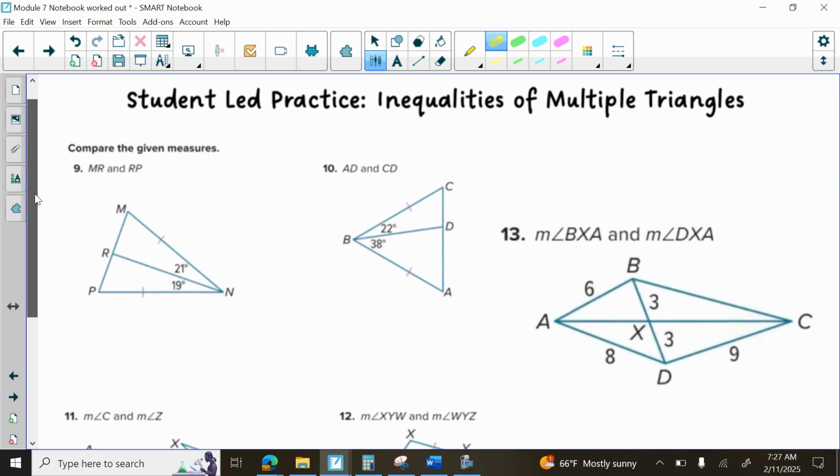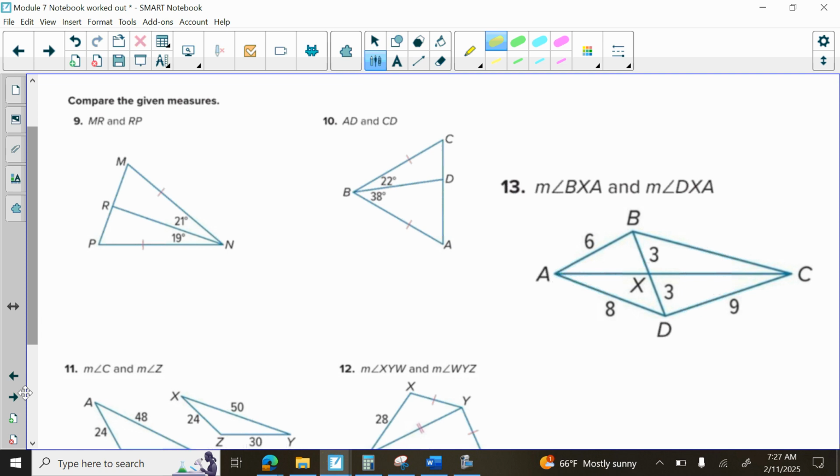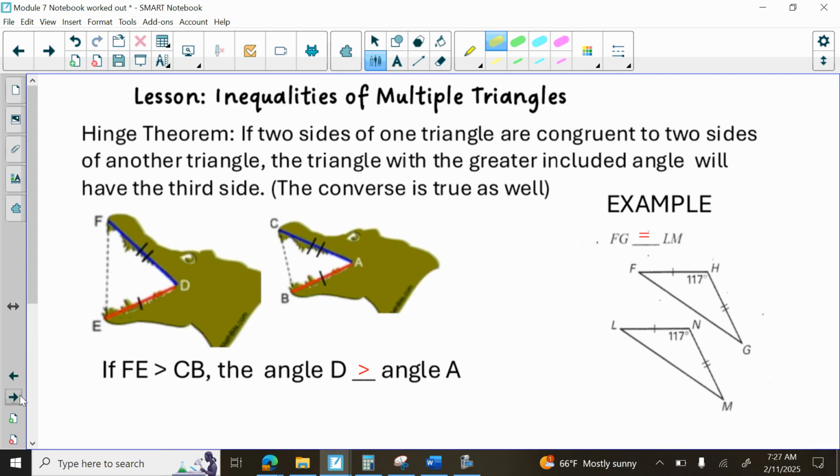Did you guys go over this? No, right? All right. So what you have to understand is, as we just went over, the biggest angle will always be opposite the biggest side.